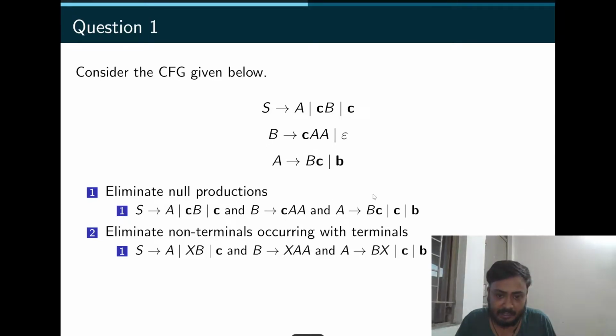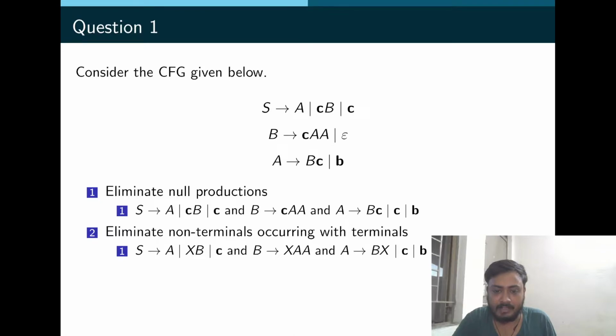Now in these three rules, the terminals and non-terminals are occurring together. So we can make a rule like this: X gives C, and in these rules we replace wherever we have C with X. So S gives XB, B gives XAA, and A gives BX. We have done that by giving this rule, which is X gives C. So we are introducing a new non-terminal over here.